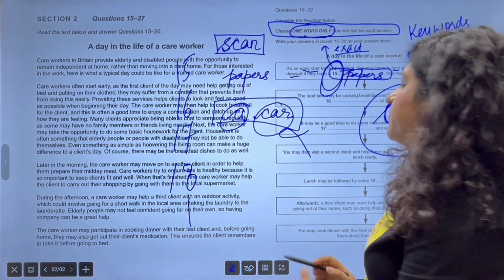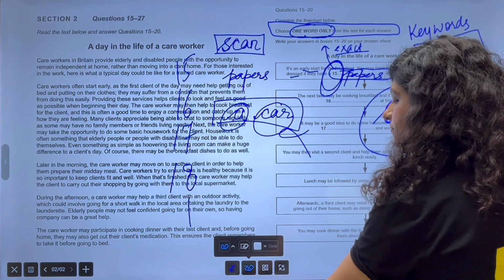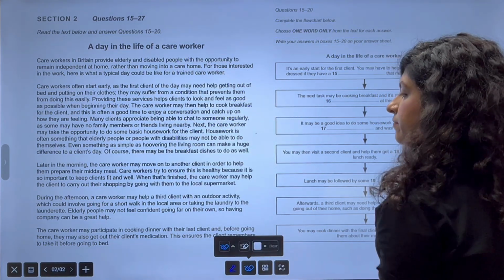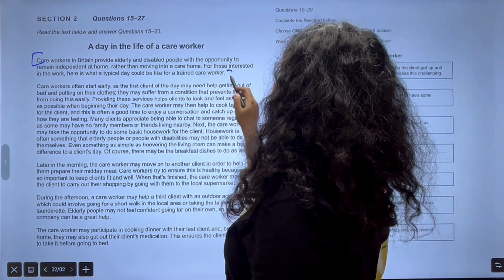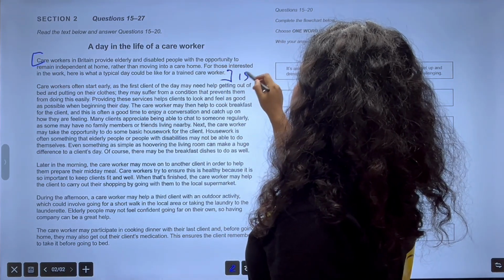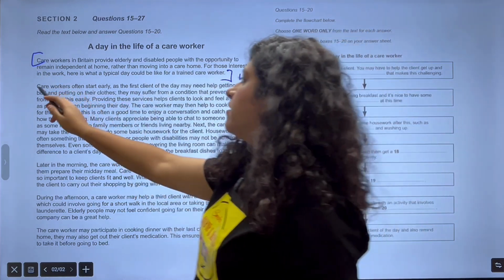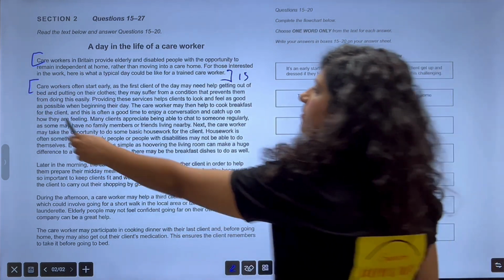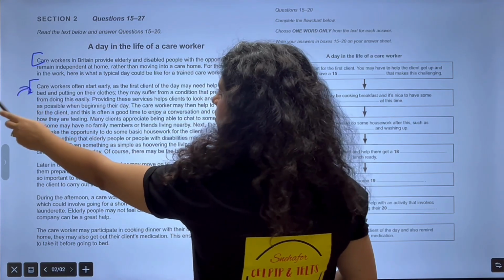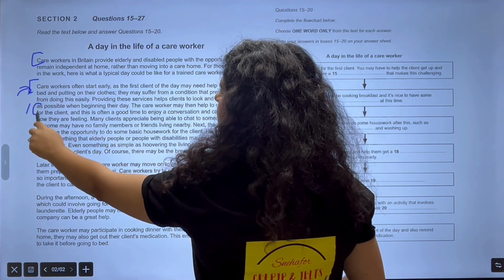So let's say you found your information for question number 15 over here. For question number 16, you will be reading from the very next word, from here. You will not read for question number 16 from the beginning.